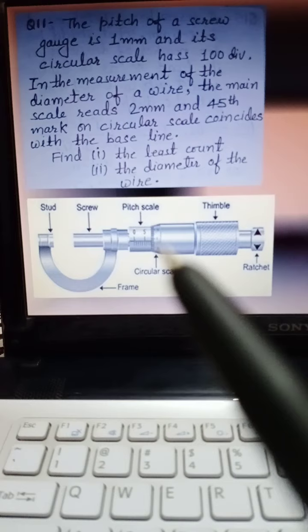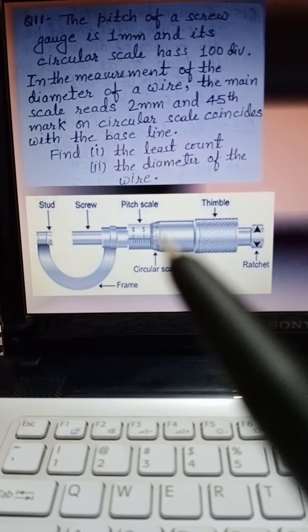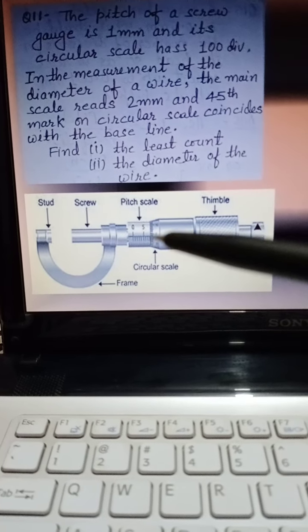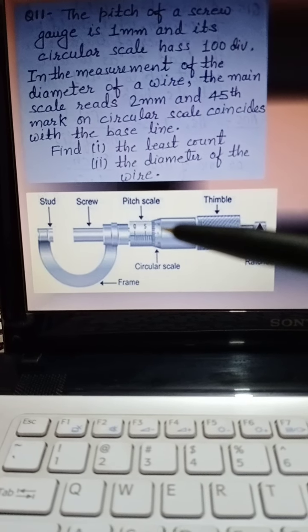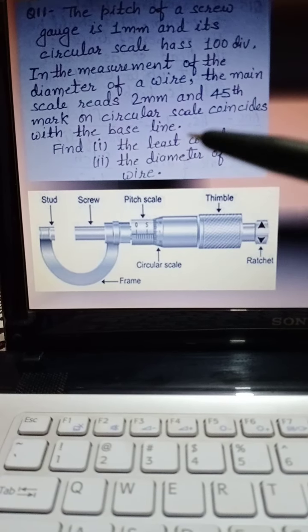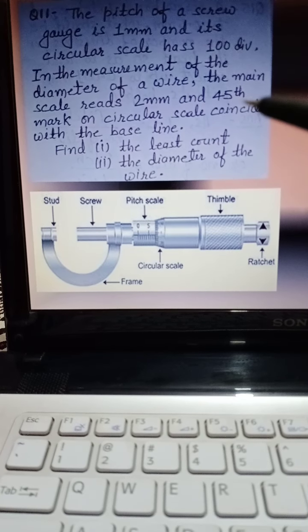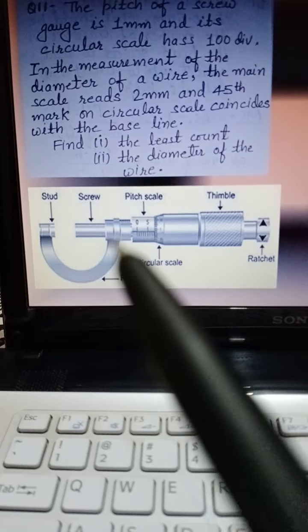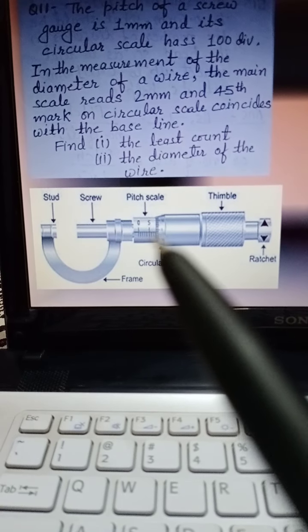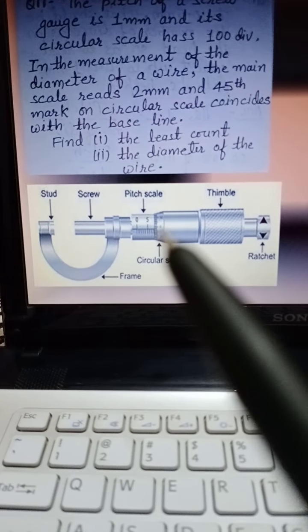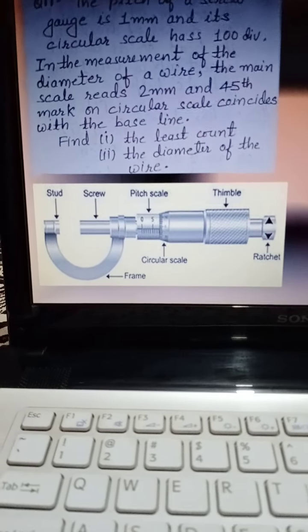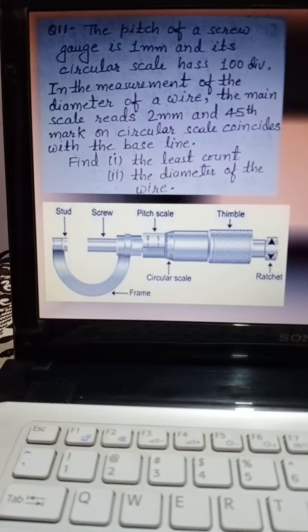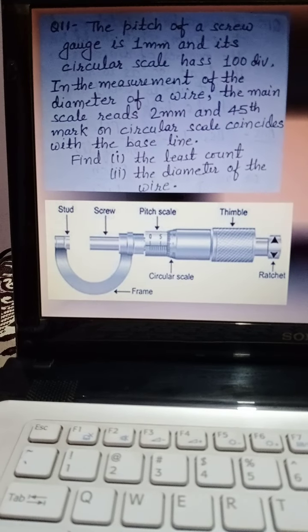So in this circular scale, the reading would be the 45th mark, which means that this line you are observing would be marked on the 45th division. Based on this we are going to find out the least count.